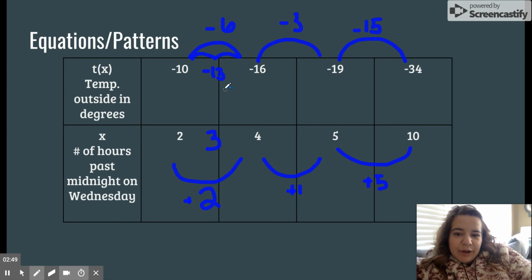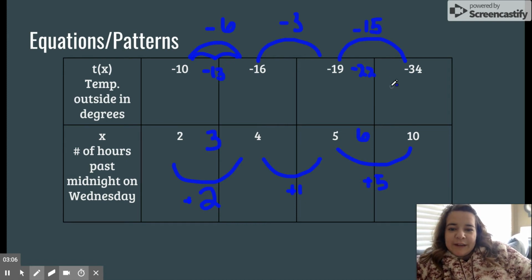So down 3, and then down 3 again to negative 19. And at 6 a.m., we would have expected negative 22 degrees because it would have gone down 3 degrees again. So there's your pattern: it's going down 3 degrees every hour.